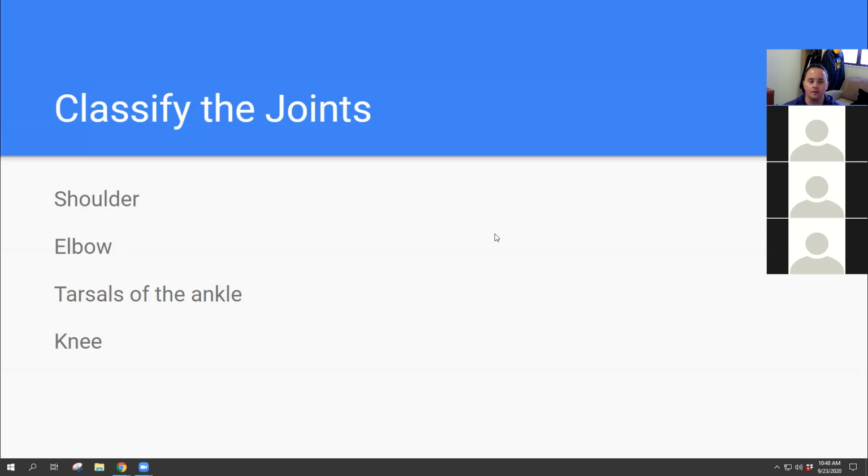What you need to include is the name of the joint, how it is different, so what makes it different than the others, and a picture and an example of each type of joint. Does that make sense?